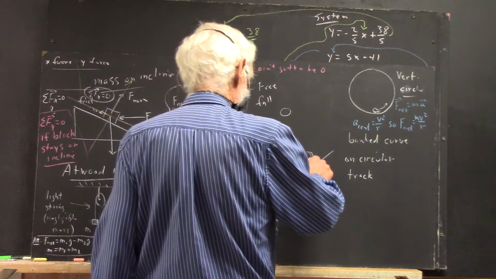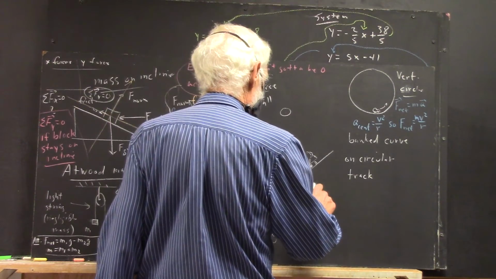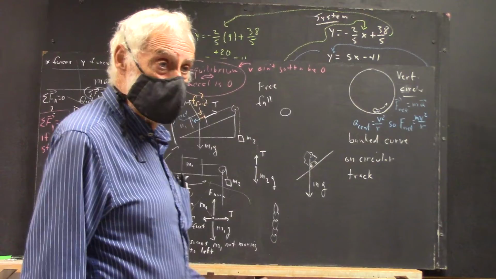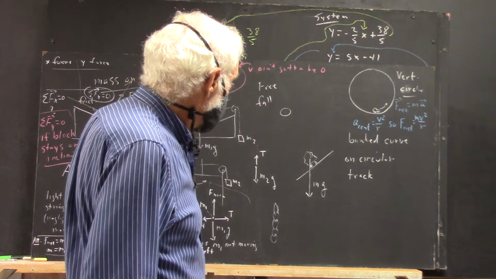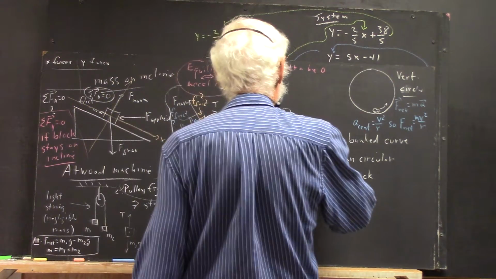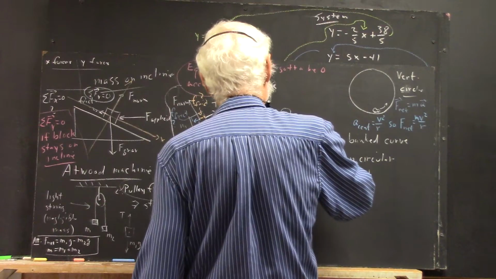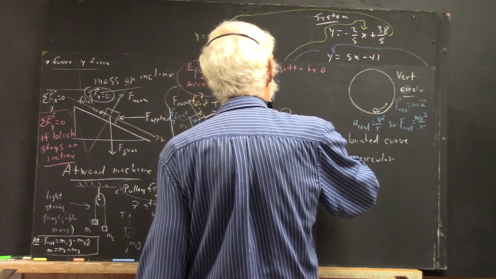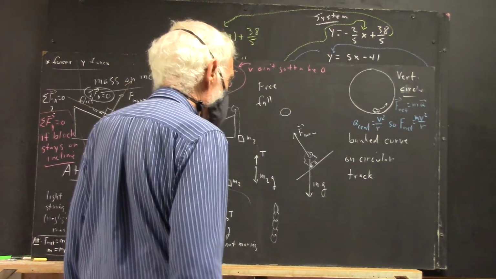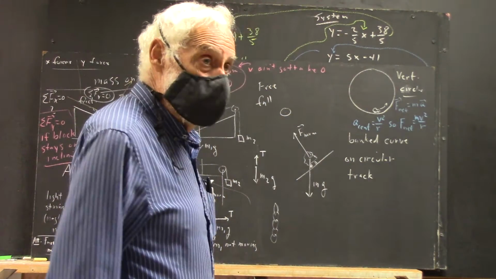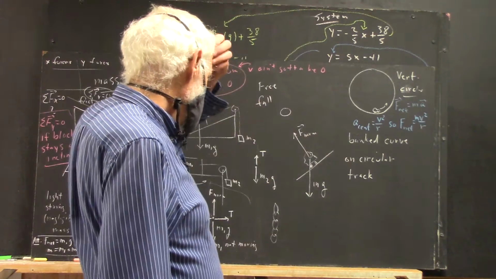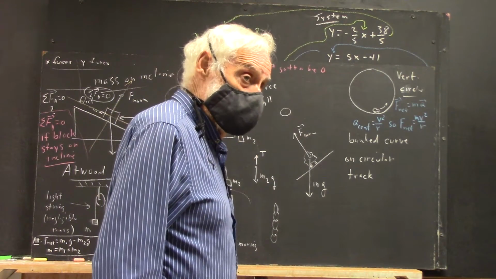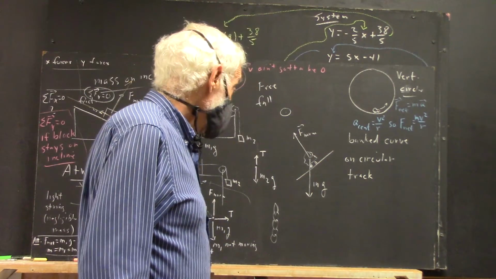Well, mg downward. You have a normal force. Now, typically, you've got a frictional force, and it'll be a non-zero force.